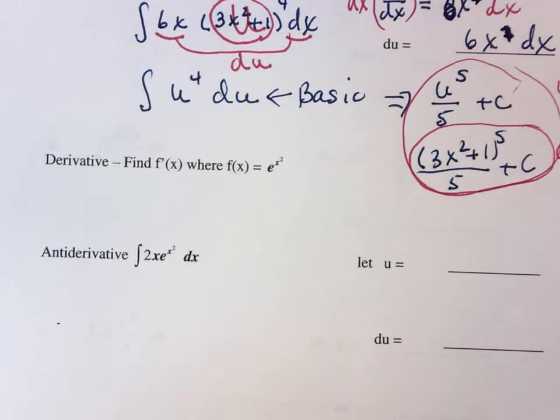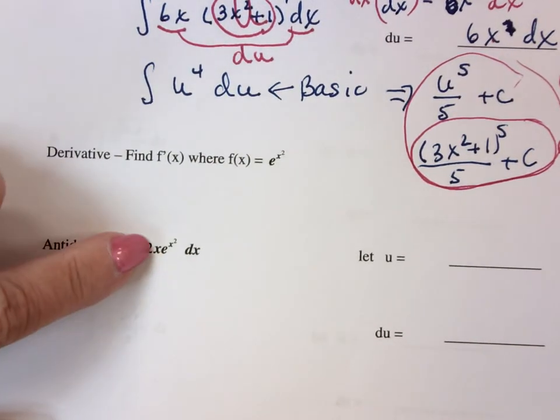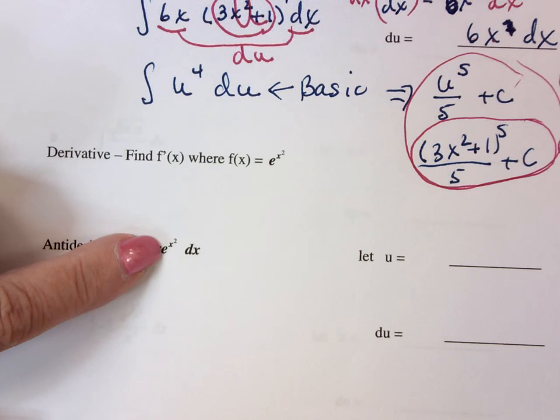And then I take a look at this guy. I've got 2x e to the x squared. By the way, even under normal circumstances, e to the x squared is not a basic. E to the kx, constant times x, is, but not x squared. 99% of the time, u is going to be the exponent of e, because e never goes away.